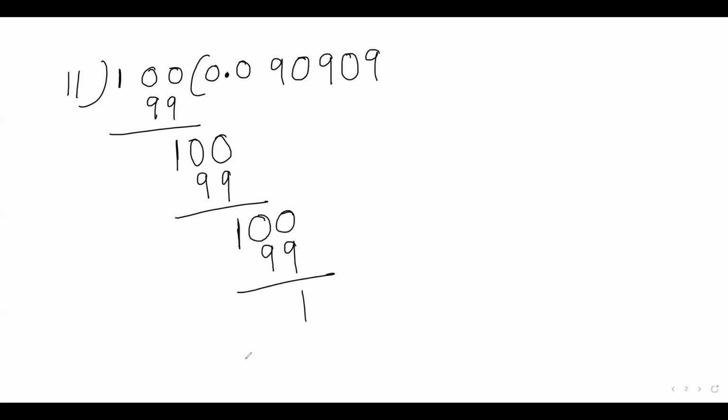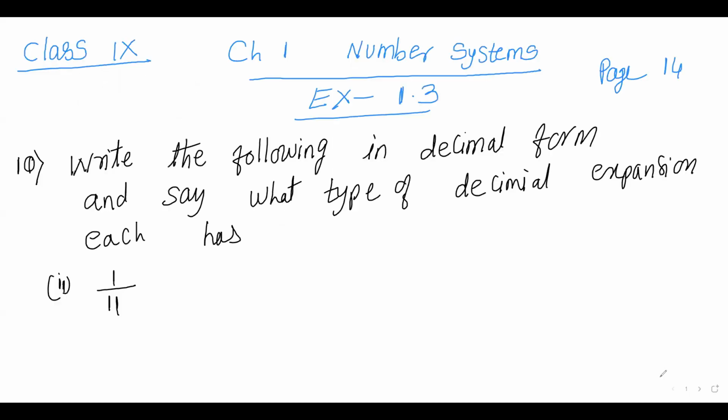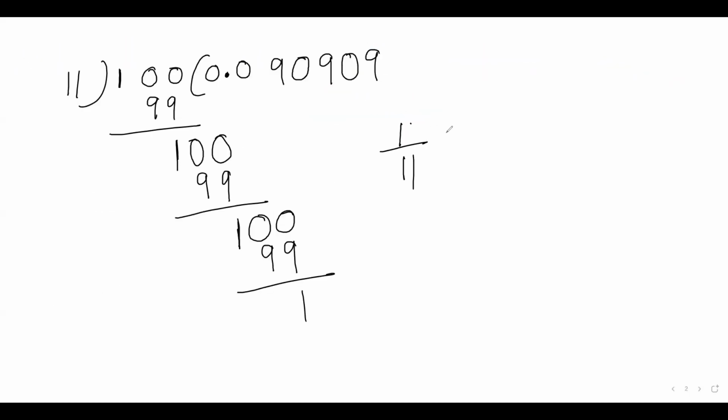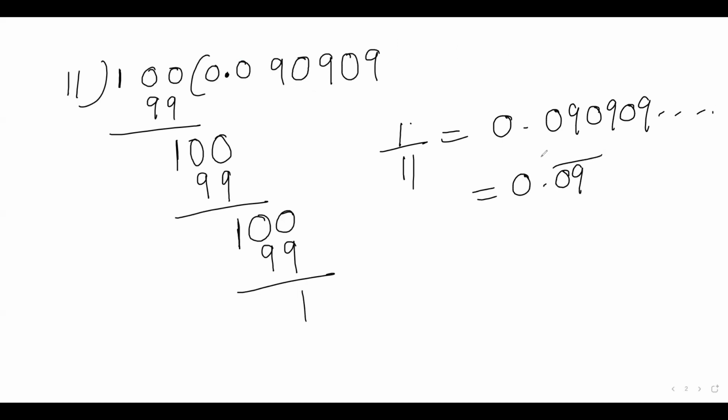So it will continue. The decimal form of 1 by 11 is 0.090909 and so on. You can write 0.09 bar. Why? Because 09 is repeating.